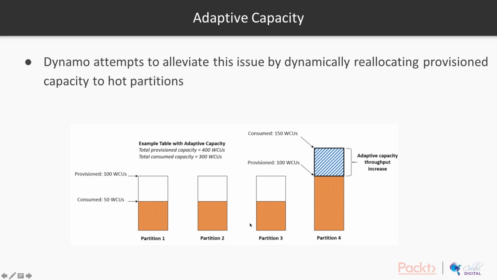Now, on the first 3 partitions, we're only consuming 50 write capacity units. But on the 4th partition, we're consuming 150 write capacity units. So we're writing in an uneven partition pattern. So partition 4 is getting hot. So what DynamoDB will do within burstable constraints is it will provide additional capacity on those hot partitions to alleviate constraints.